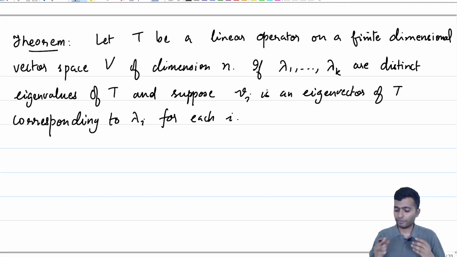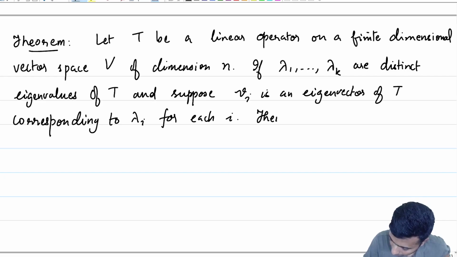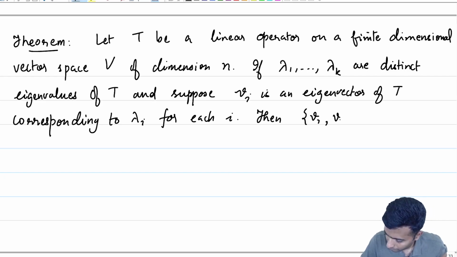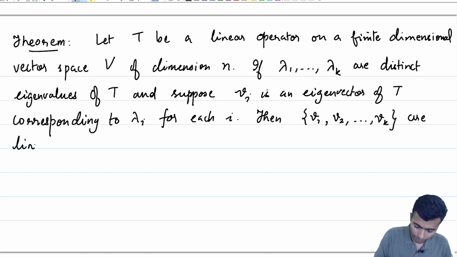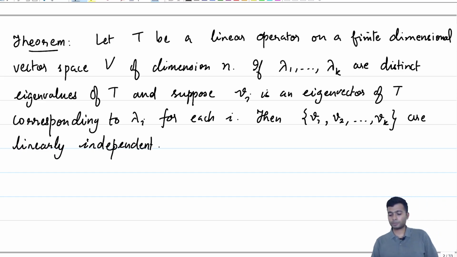Then v1, v2 up to vk are linearly independent. So, the eigenvectors corresponding to distinct eigenvalues should necessarily be linearly independent.